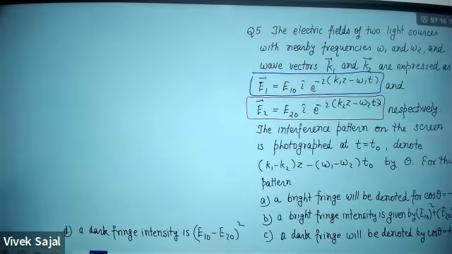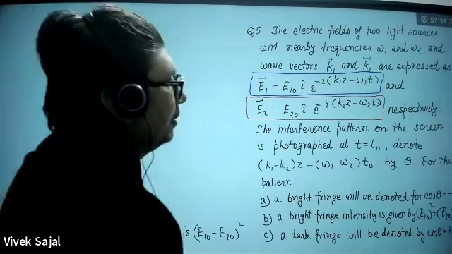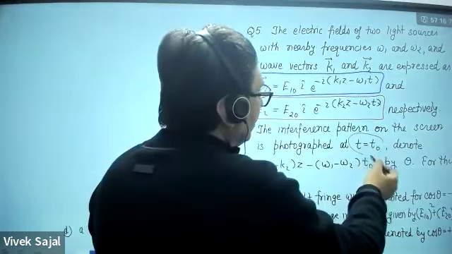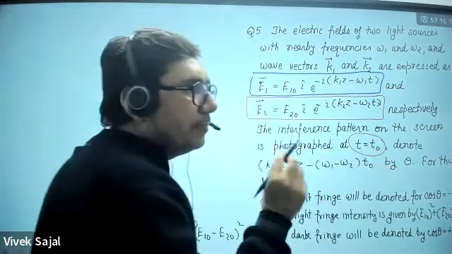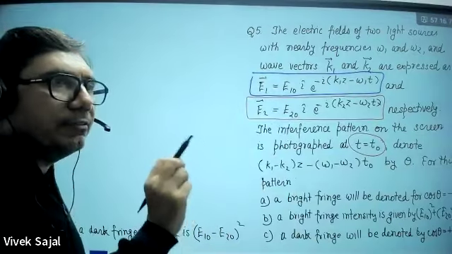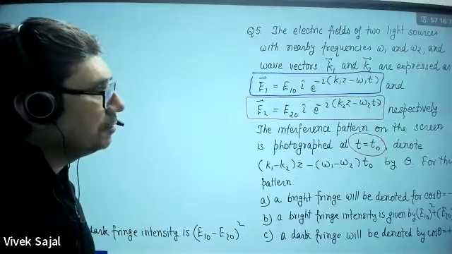The interference pattern on the screen is photographed at t equal to t naught. So what they are saying is that you look at the phase difference at t equal to t naught.